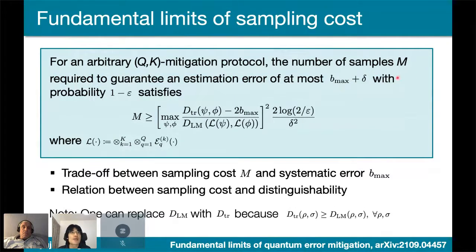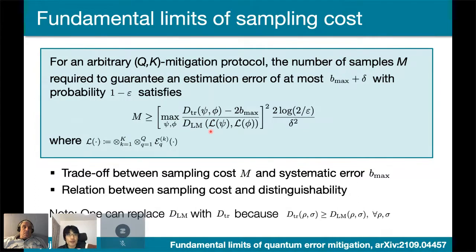The number of samples m required to guarantee the estimation error of at most b max plus delta with probability 1 minus epsilon satisfies the following relations. So again, if this noise decreases this distinguishability so much, then you need to inject more sampling cost, which makes sense intuitively, but this result now formalizes our intuition.